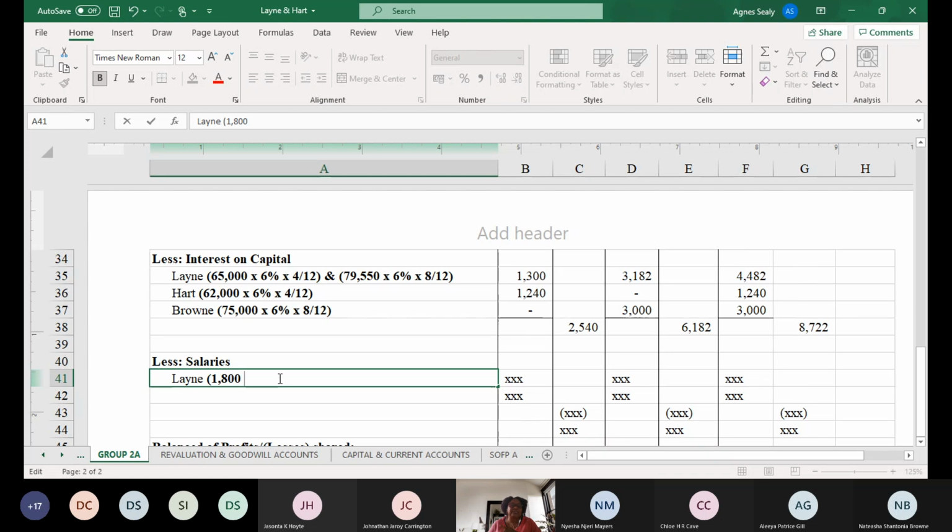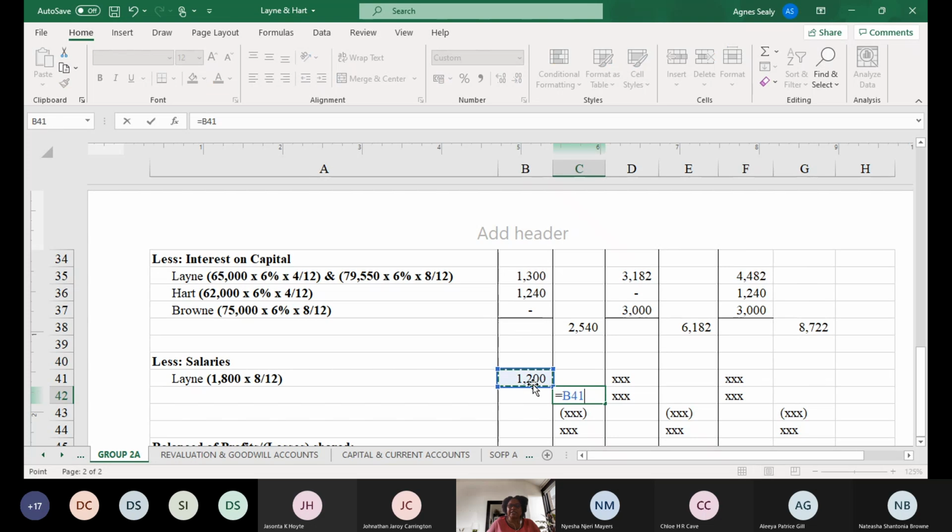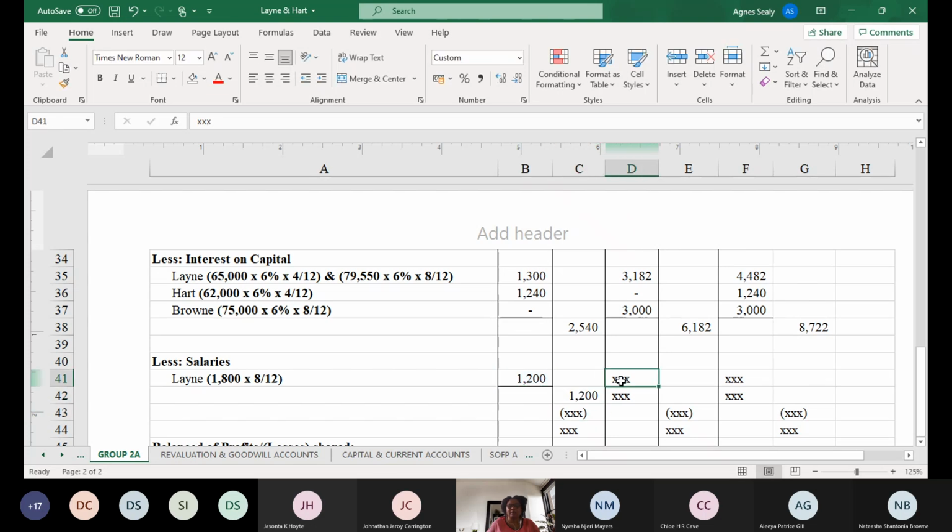She's entitled to $1,800 a year, but right now she can't get the full 1,800. We want to know how much she's entitled to for the 8-month period. So that would be 1,800 times 8 on 12. So how much is Layne entitled to? 1,200. So you know that is 1,200 for Layne. There's none for anybody else.